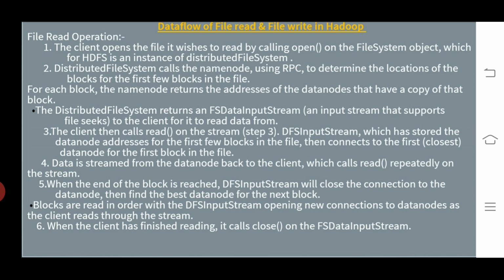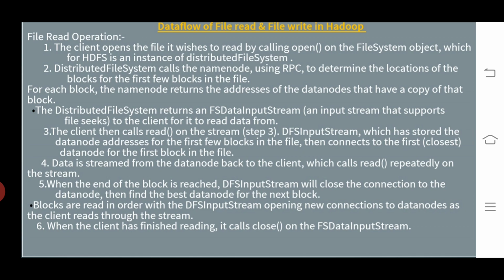Coming to the second point, the distributed file system calls the name node using RPC, remote procedure call, to determine the locations of the blocks for the first few blocks in the file. What we want to determine is the location of the first few blocks in the file.